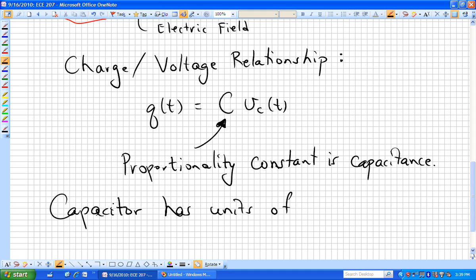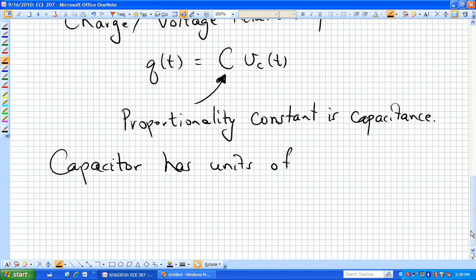What are the units on that capacitor? There's a lot of different combinations of units, aren't there? If we look just at the equation, charge has units of coulombs, and now we have this C, and voltage, let's just say that we have volts.